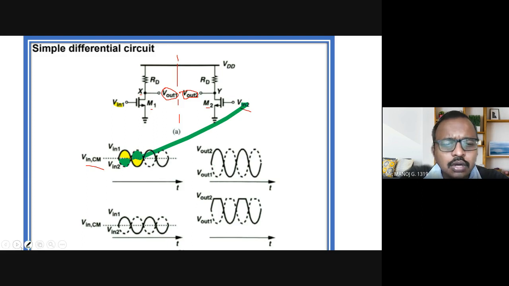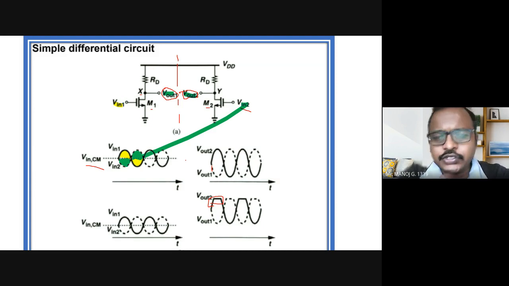Your output is depicted at this particular point, Vout1 and Vout2. This is an amplifier, so look at this. The dotted lines over here are Vout1, and this is Vout2. These two are the output signals. When there is a CM shift, then there is a clipping of Vout2 occurring. This is because of the voltage swing.